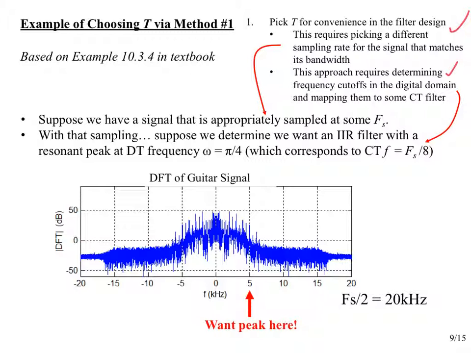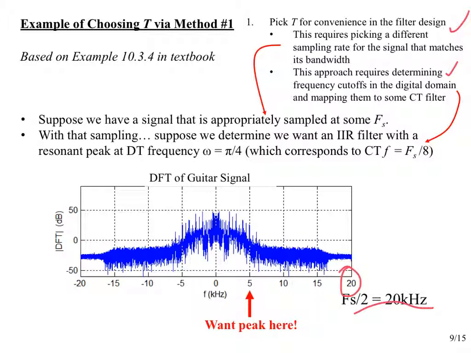We also know that we should be sampling the signal on the order of 40 kilosamples per second or something like that. Technically, you'd probably stick with the CD standard, which is 44.1 kilosamples per second. But I made it easier here, so I imagined that Fs was 40 kilohertz, and so Fs over 2 is 20 kilohertz, which is what we're seeing here.